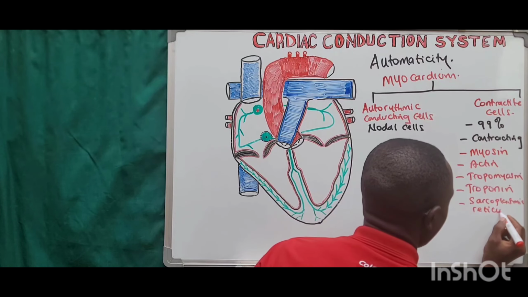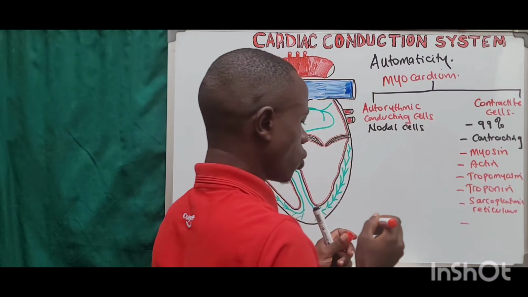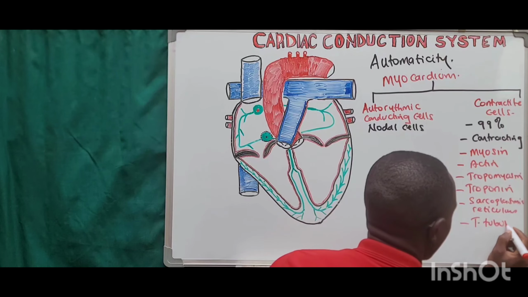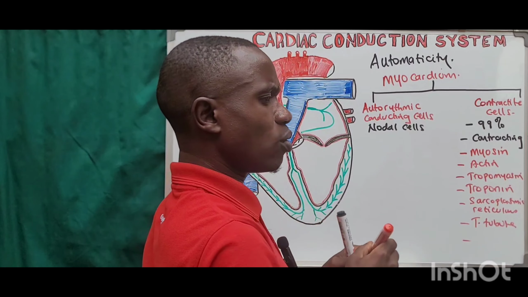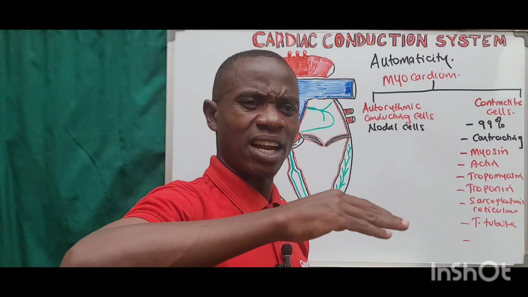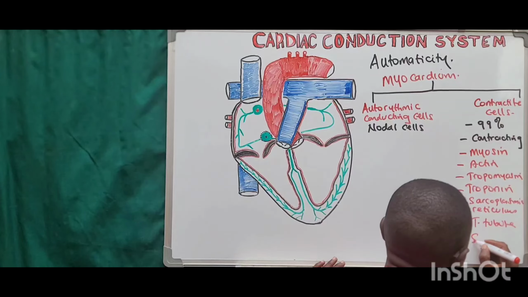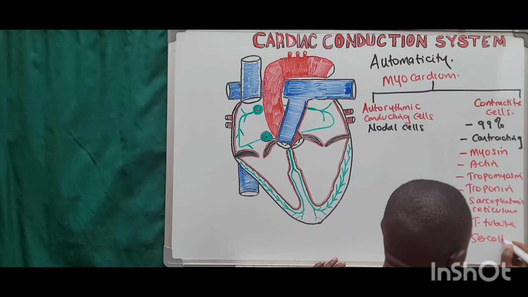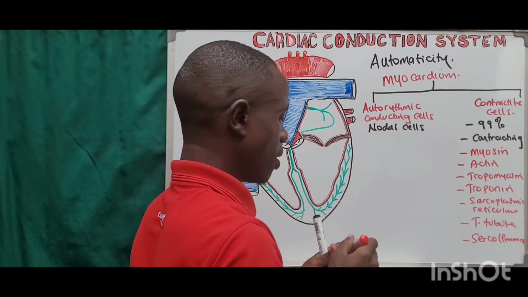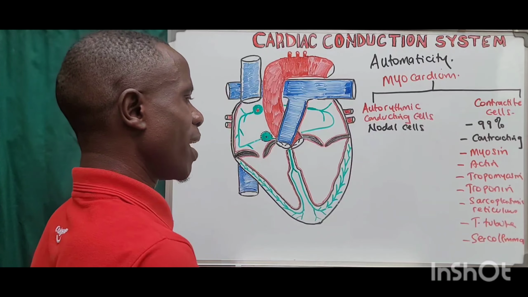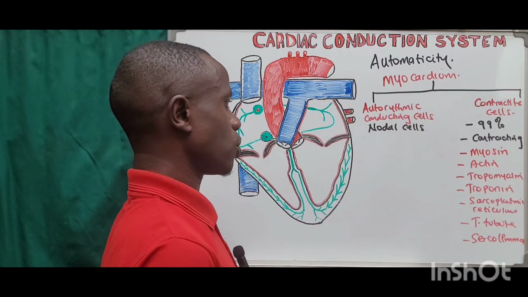They're also going to be containing structures like the T-tubule, and the membrane that allows the passage of action potentials, which we call the sarcolemma. Those are some of the proteins that make sure the cells contract and push the blood.